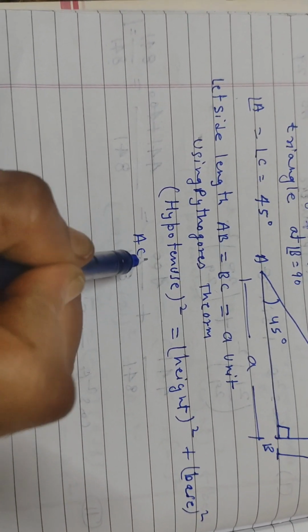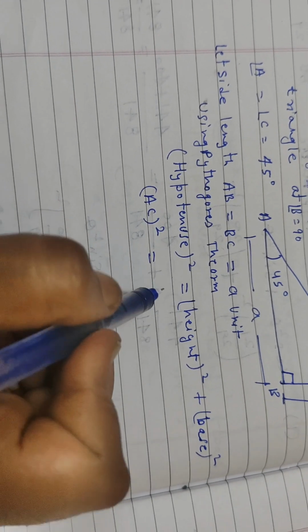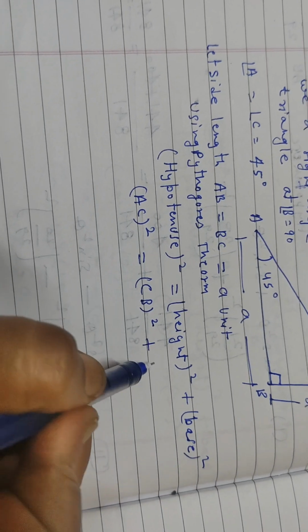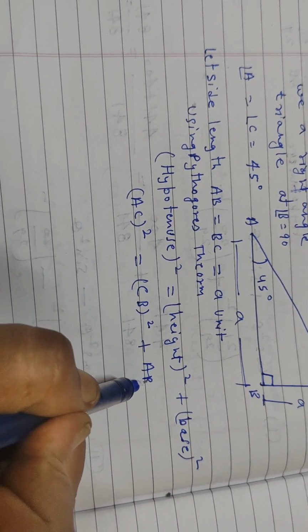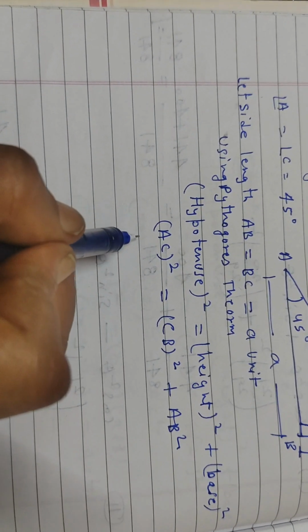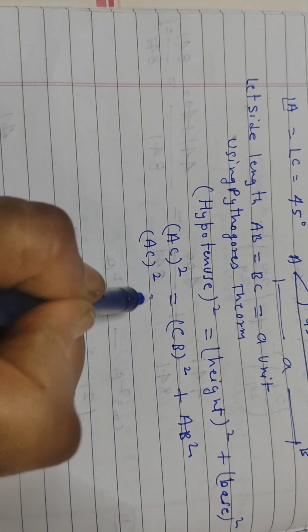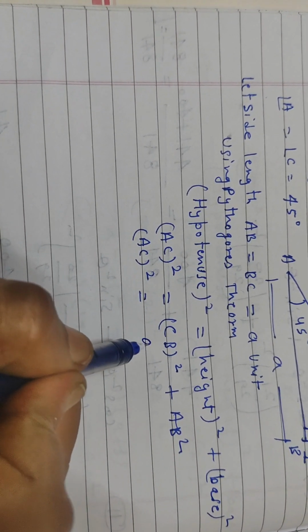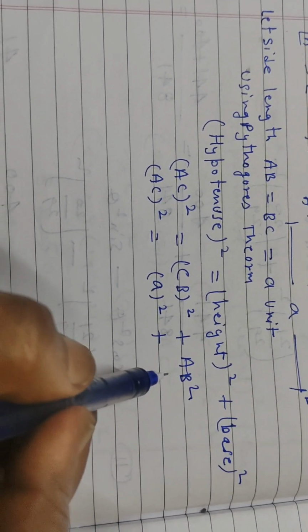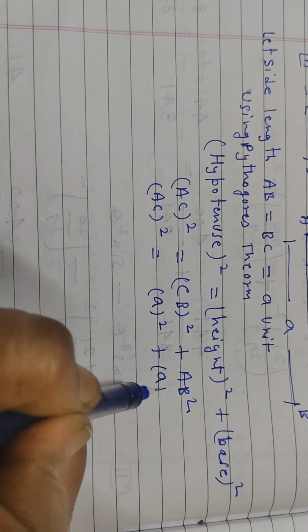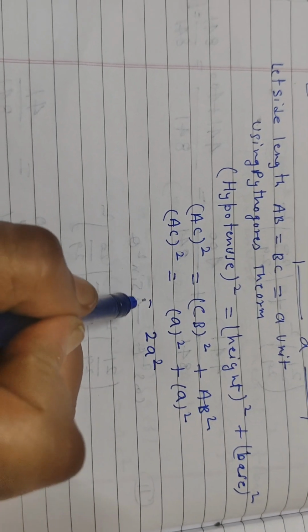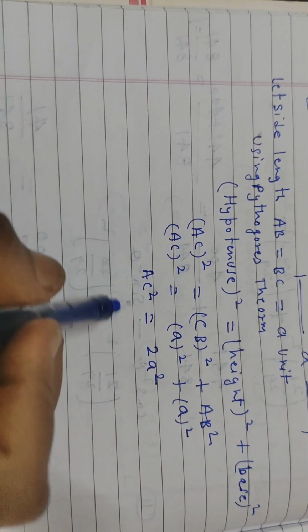Hypotenuse is AC square, height is CB square plus AB square. So AC square is equal to A square plus A square, which is 2A square.